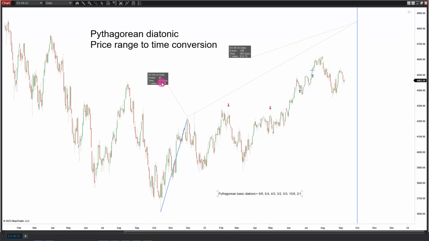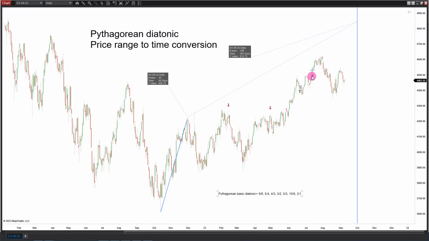When I run those out, I get the first hit at this high, which is the reaction high right there at the first red arrow. When I go out to 152 days, which would be the 5 to 4 ratio, that takes me out to here.